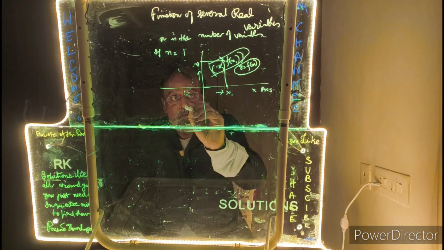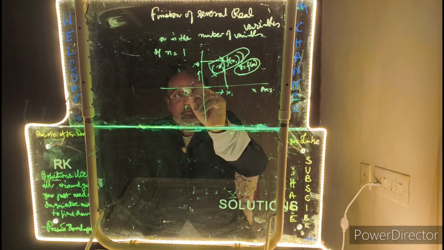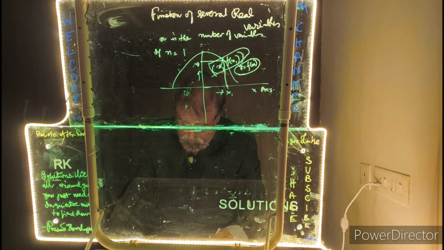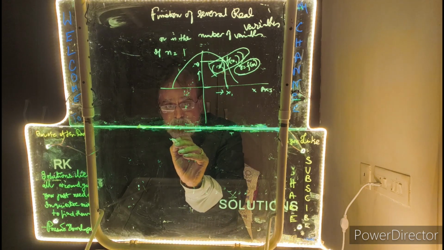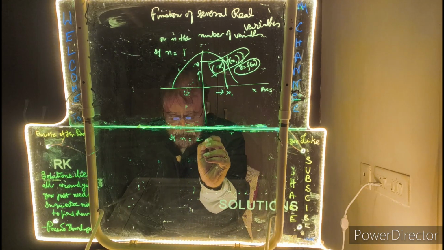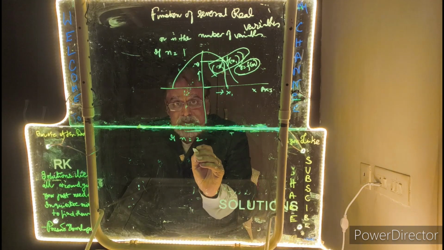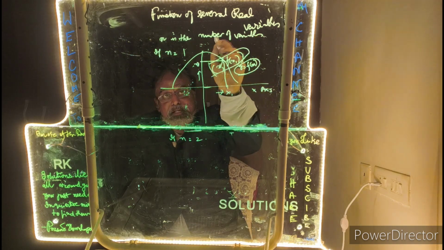Now for the second one, if n is equal to 2, this is just a visualization of a multivariate function.